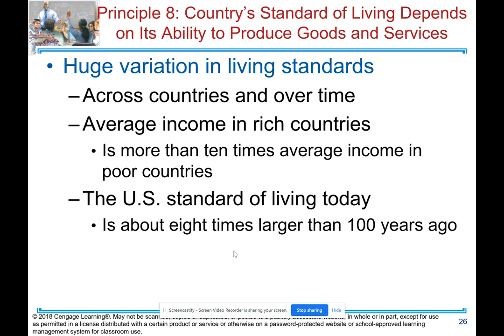There is also variation across countries and over time. Average income in rich countries is more than 10 times average income in poor countries. The United States standard of living today is about 8 times larger than 100 years ago.